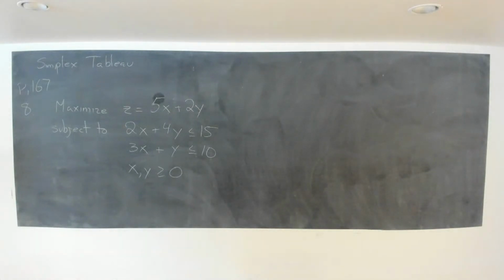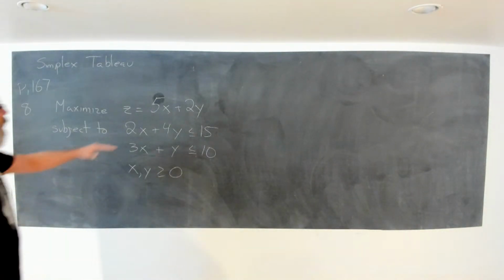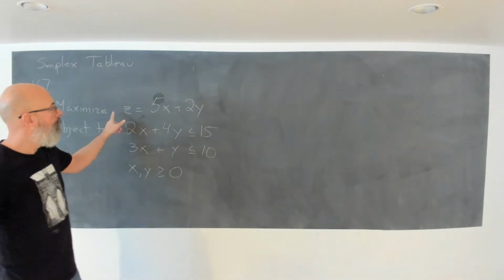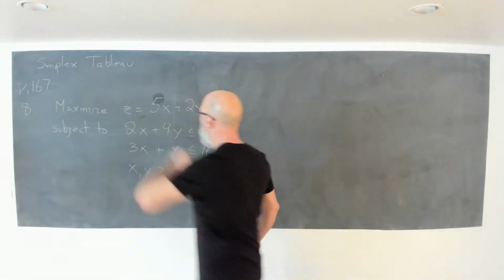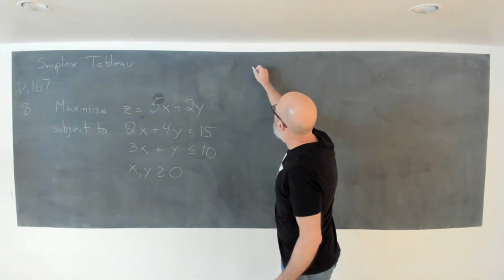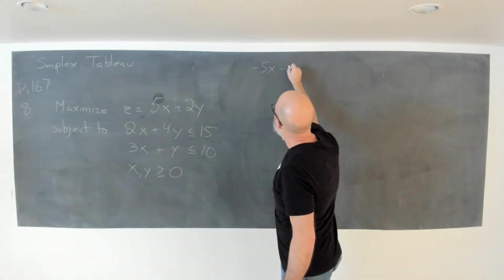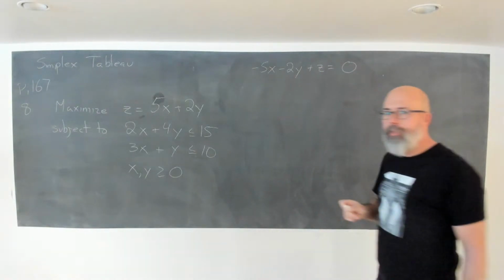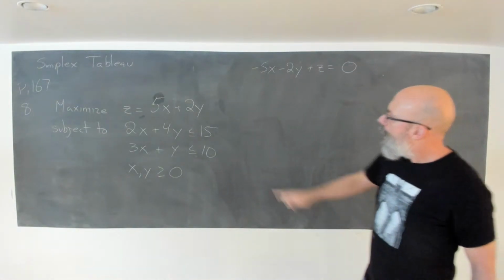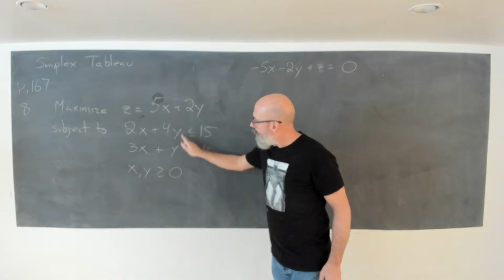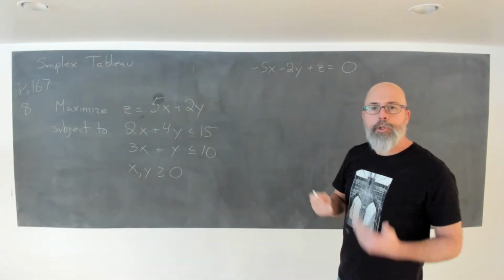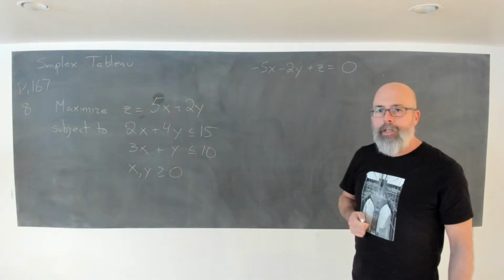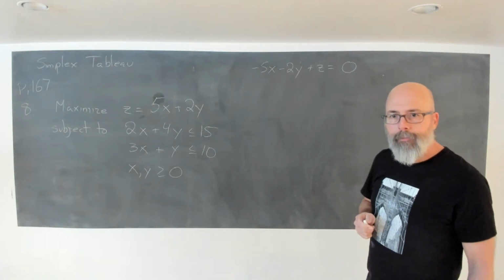So let's rewrite this function by bringing the X and Y to the other side. So we're going to have a minus 5X minus 2Y plus Z equal to 0. And let's introduce slack variables to transform the inequalities into equations.